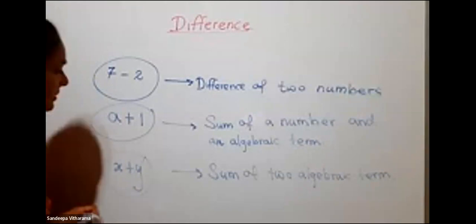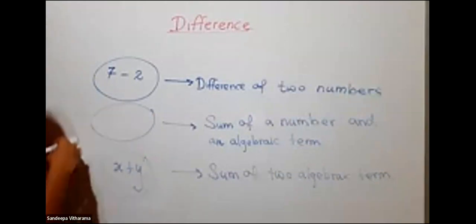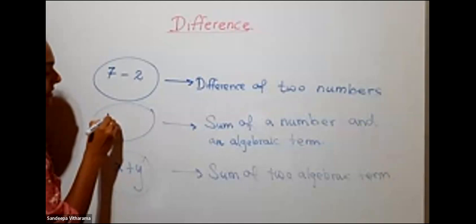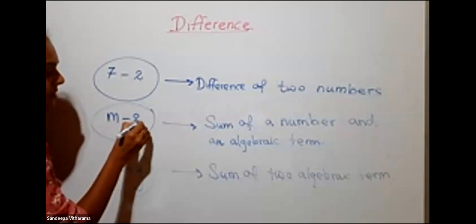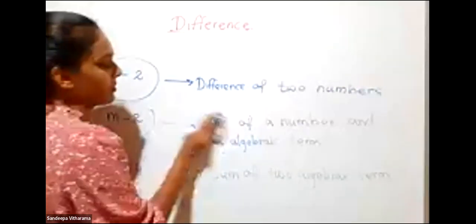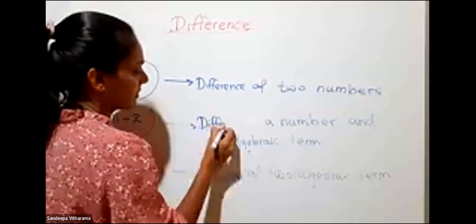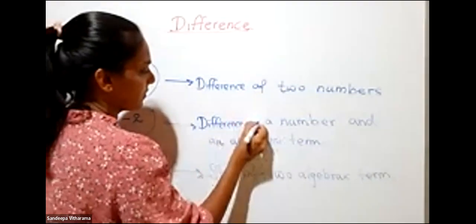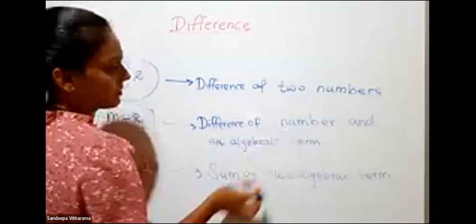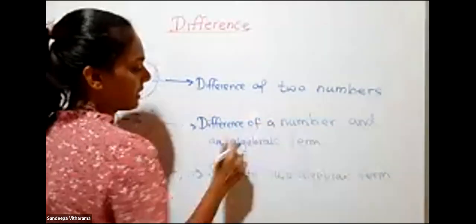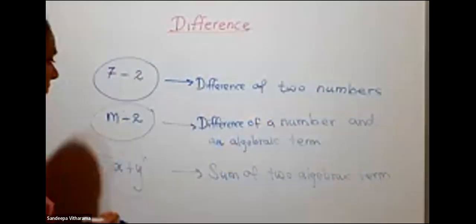Then here I can write it as n subtract 2. It can also be called the difference of a number and an algebraic term.